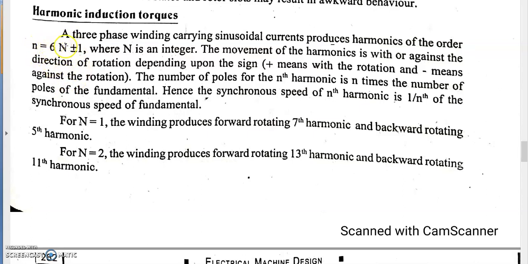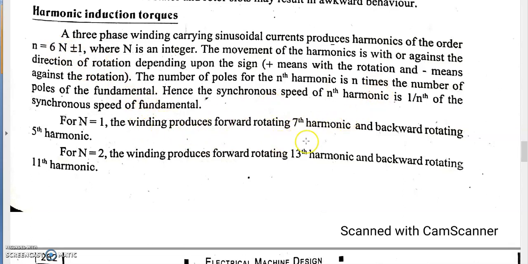But if it is having harmonics, the order of harmonics will be 6n plus or minus 1. Assuming n is equal to 1, this gives 6 plus 1 and 6 minus 1, that is 7 or 5. If it is 7, that represents 7th order harmonics is present. If it is 5, 5th order harmonics is present.